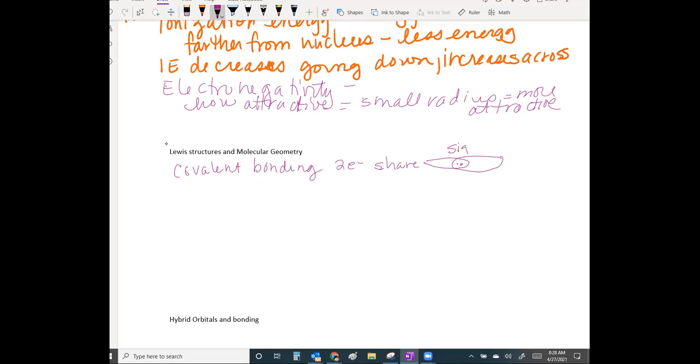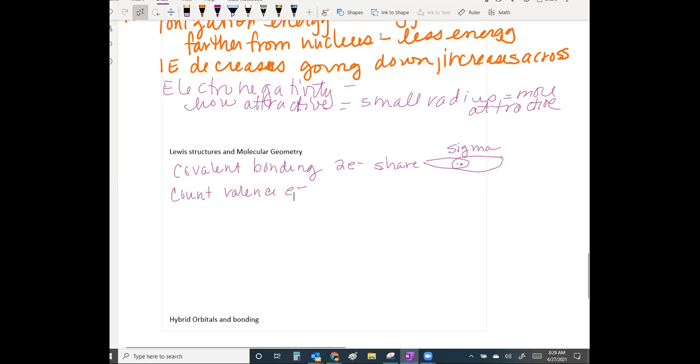This kind of bond is a sigma bond. All covalent bonds have sigma bonds. What you have to do for Lewis structures is count your valence electrons, and then create the Lewis structure with the dots.